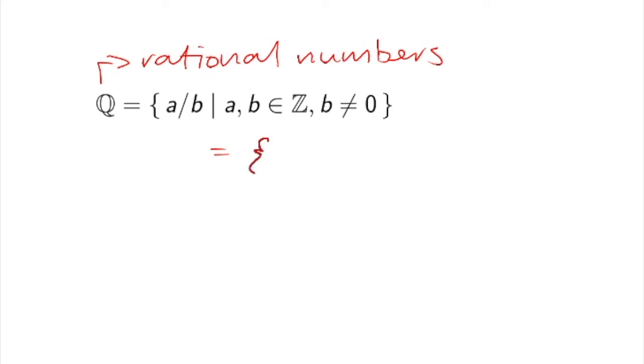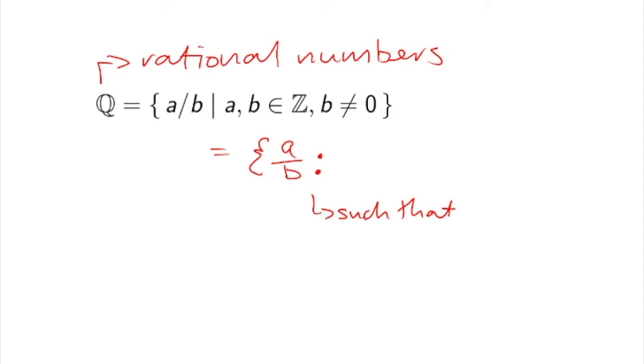So it's the set of numbers of the form a divided by b. So what we need to add here is what a and b are. So I use a colon here in this notation. Some use a bar, and what this means is "such that". So you can replace it with the words such that.